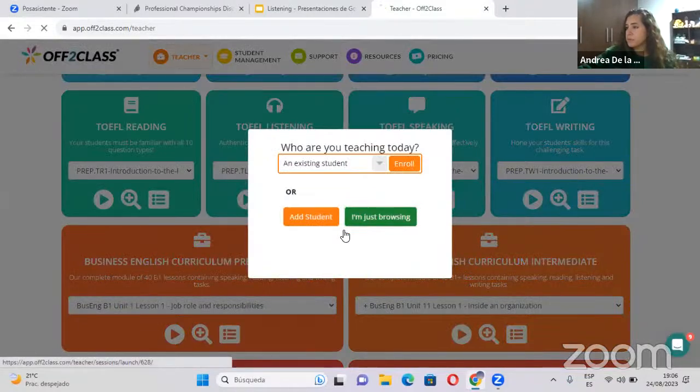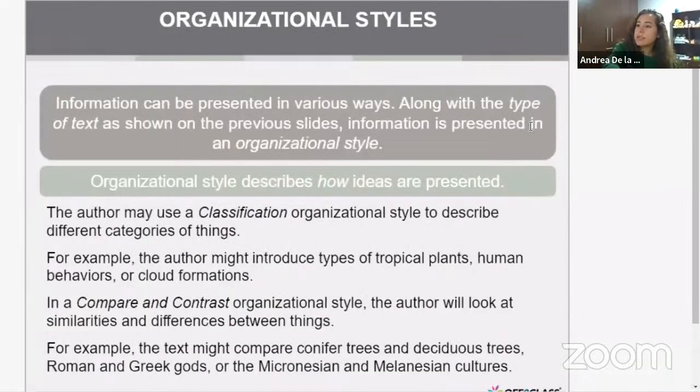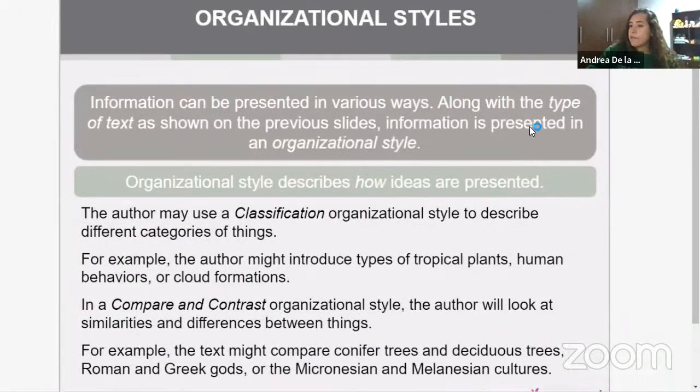So let's see. Okay, so here it says, information can be presented in various ways, in different ways.